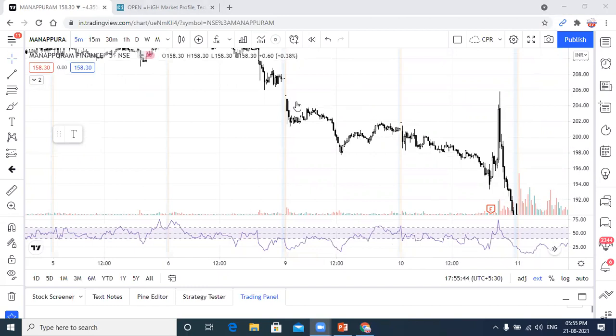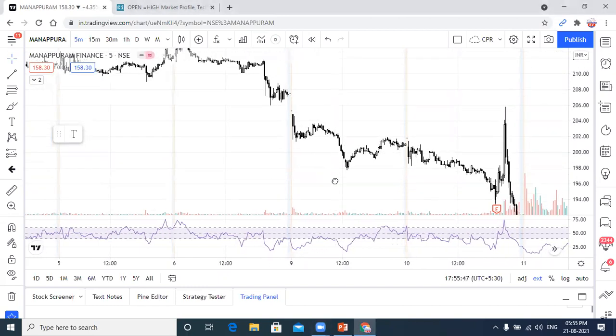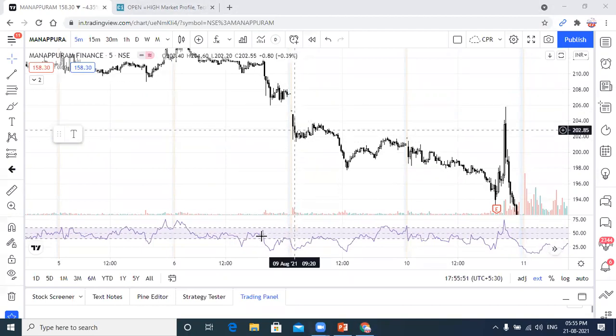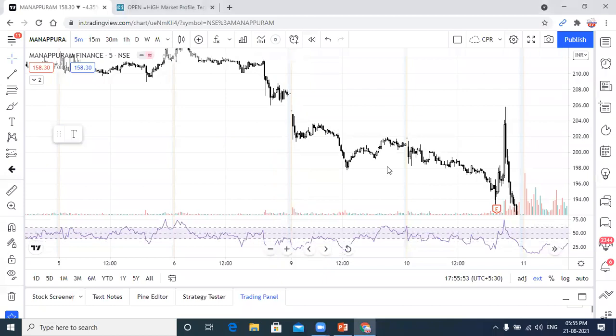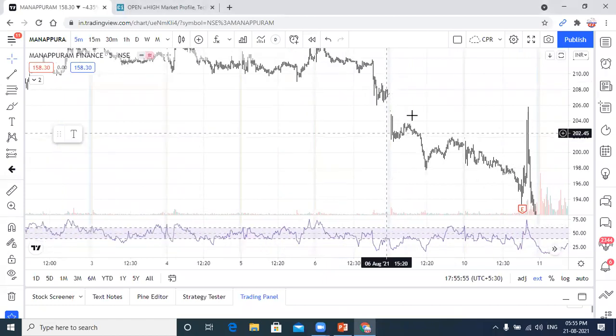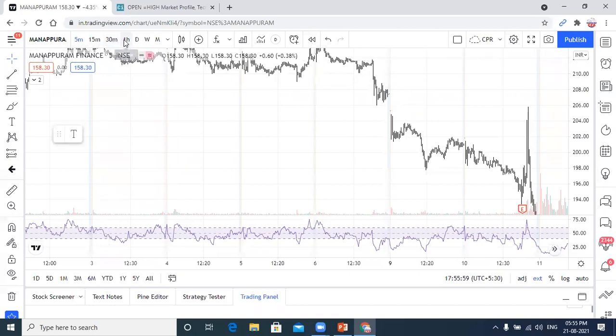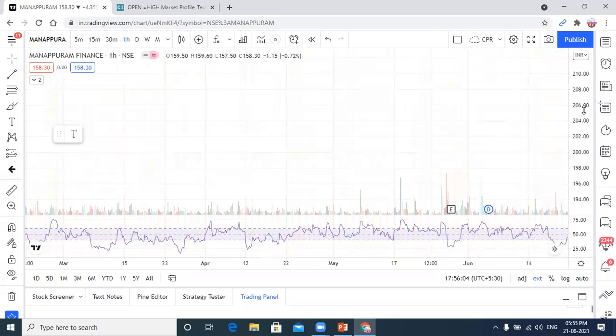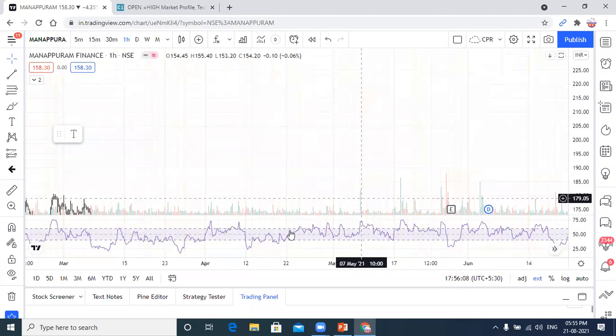Now let's do some more study. Why did this pattern work on 9th August? Let's try to do an in-depth analysis. For that, I will change the time frame. From 5 minutes, I'm coming to the 1 hour time frame just to show you why this setup worked on 9th of August.